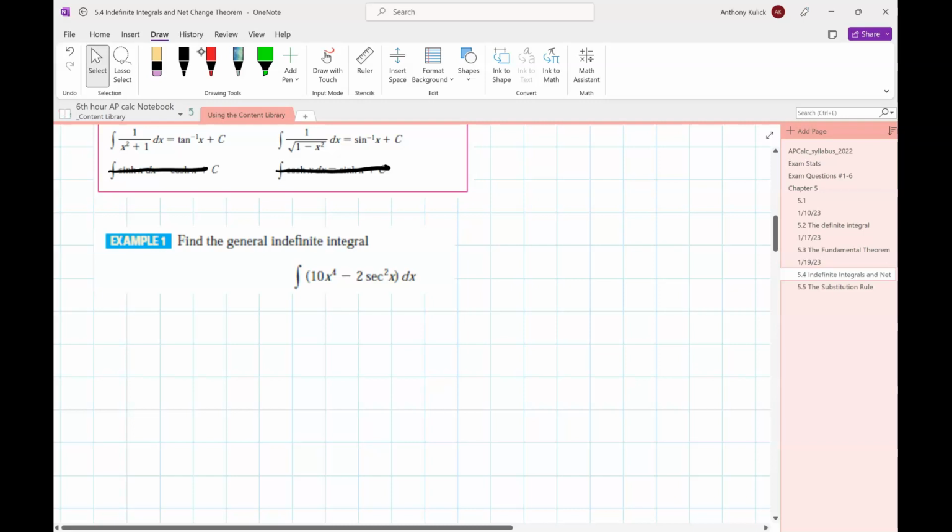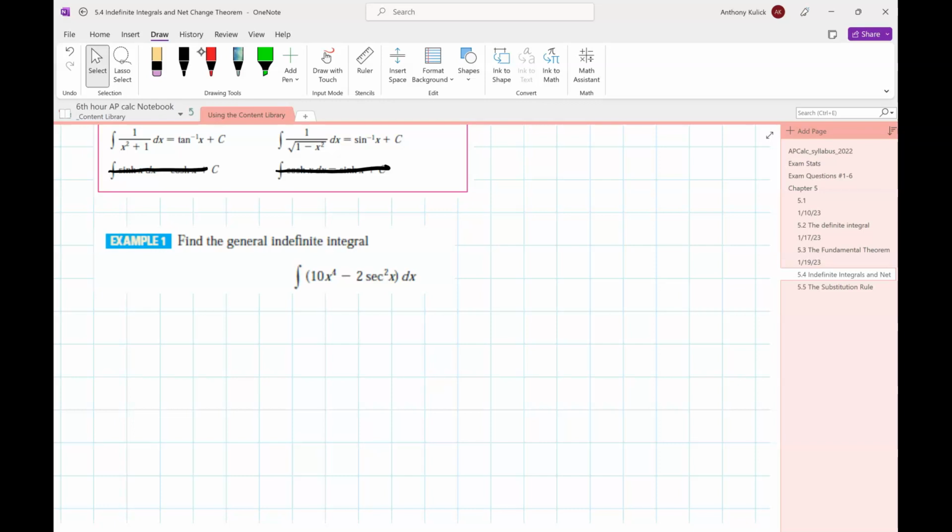All right. So I'm going to do this first example by the book and show all the steps of what's going on. And then we'll streamline the process a little bit. But I think the first time through, it's important that we're seeing what is Mr. Kulik doing to get this antiderivative out of here? Everybody's cool with that?